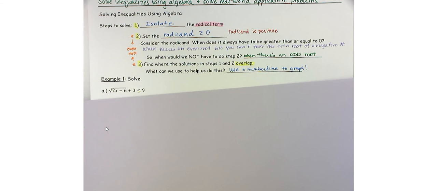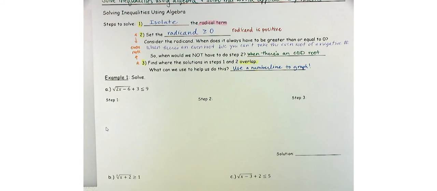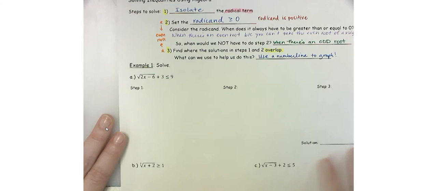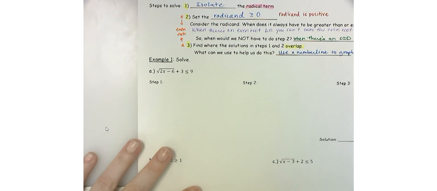This is very similar to what we did yesterday. So if I'm going to isolate the radical, Gigi, what am I going to do first to both sides? Yes, square it. We are going to do that, just second. So first, isolate the radical.